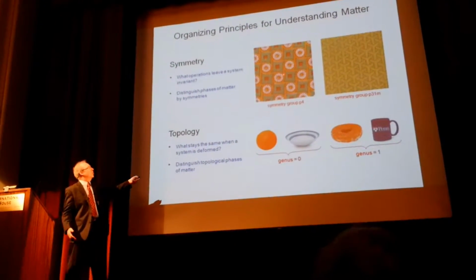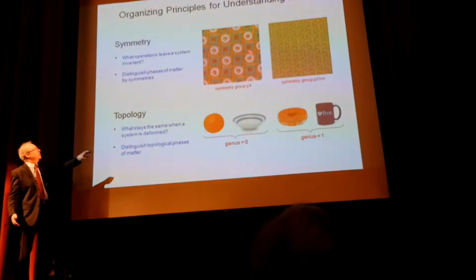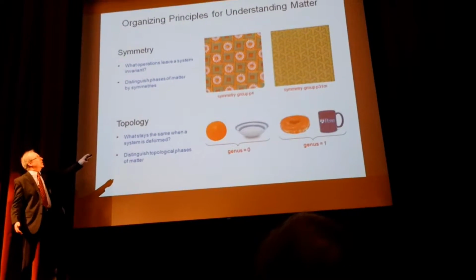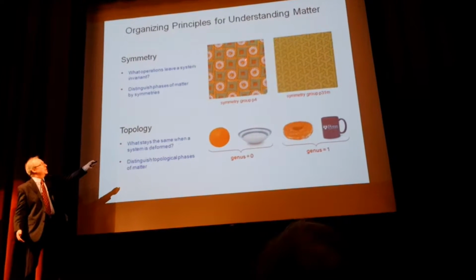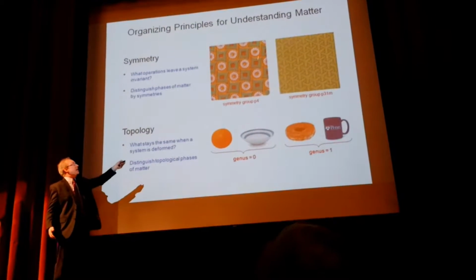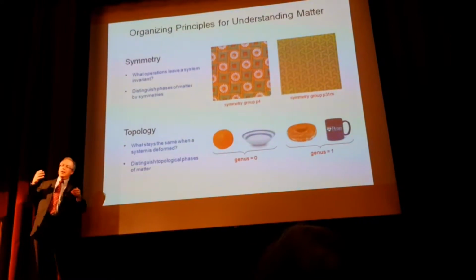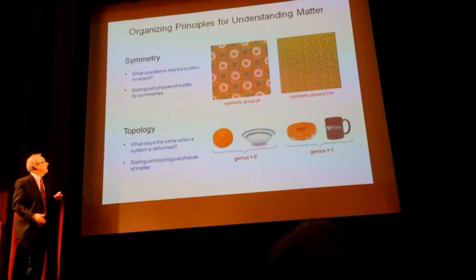If you look at these beautiful pictures, these are some of my favorite pictures, you can see these patterns, and there are various things that you can do to these patterns that leave them the same. So for instance, you could move it over by a space, or you could rotate it by 90 degrees, and understanding the symmetries of a system allows you to think very deeply about it.